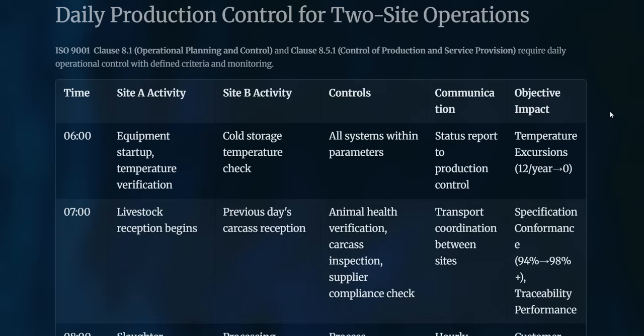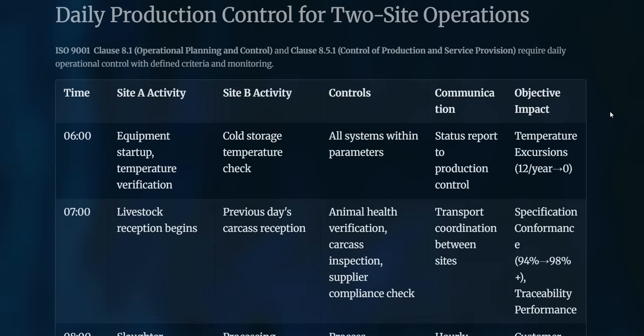First, with time. At 6, site A activity. In site A, we'll start with equipment startup and temperature verification, and site B will start with cold storage temperature check. The control here is all systems must be within the parameters.